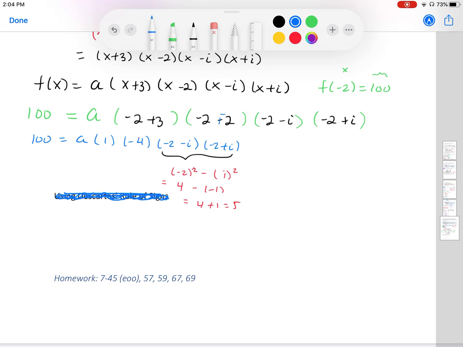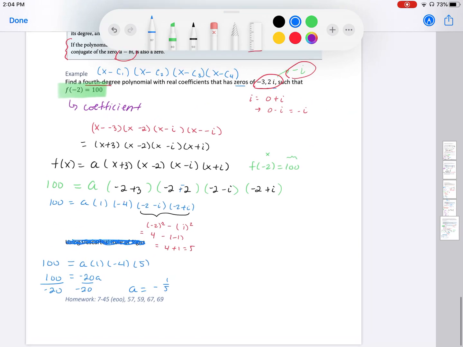Let's go back to this problem. So far we have 100 is equal to a times 1 times negative 4 times 5. All right, well, negative 4 times 5 is negative 20. Times 1 is just still negative 20. So I have negative 20a is equal to 100, divided by negative 20, divided by negative 20. a is equal to negative 1/5.